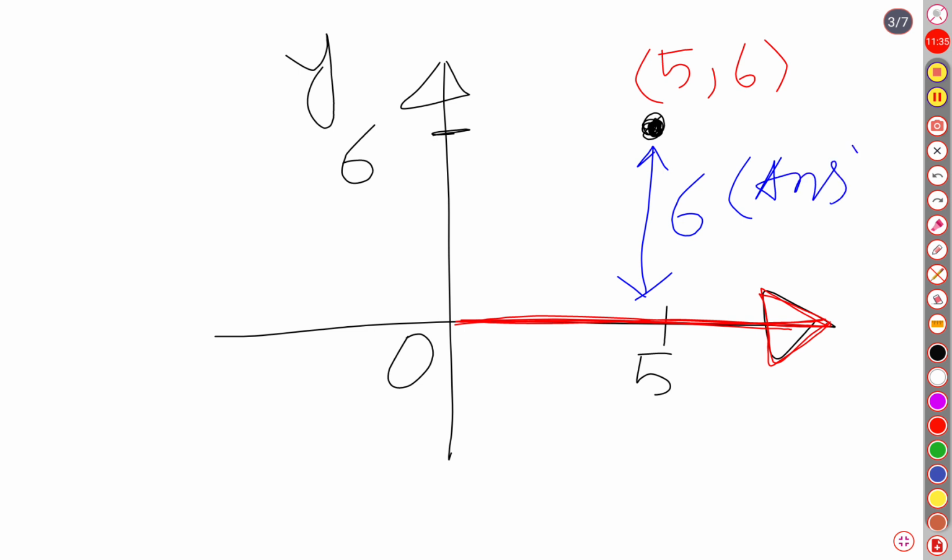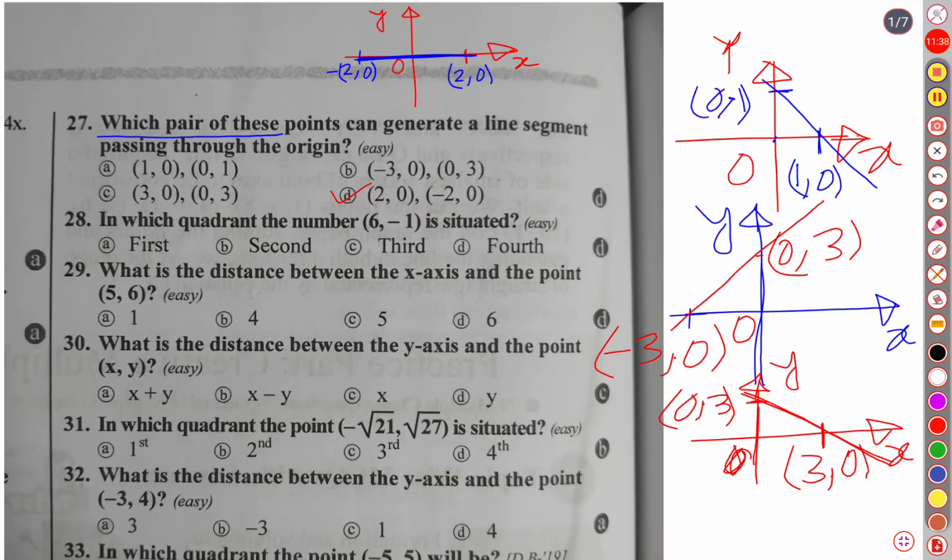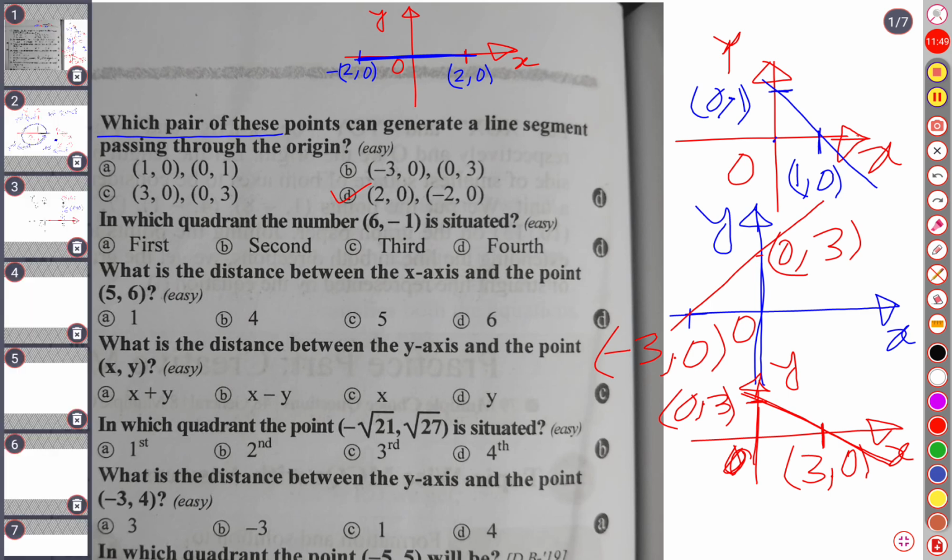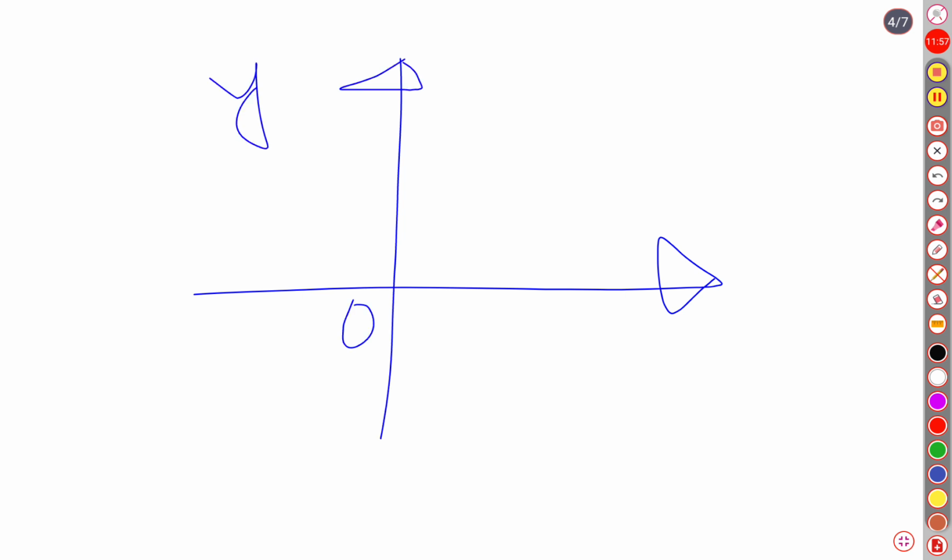Then question number 30 says, what is the distance between the y-axis and the point (x, y)? This is our x-axis and this is our y-axis. Origin is here, and the point is (x, y). Suppose x is a number, x may be 5, so x will fall here.